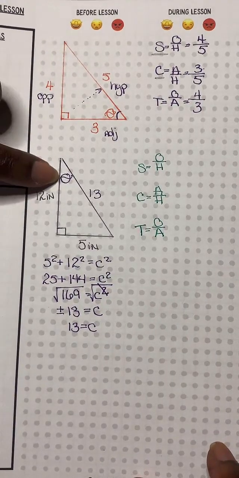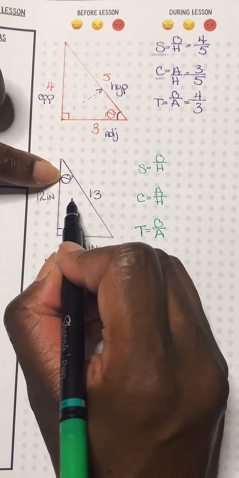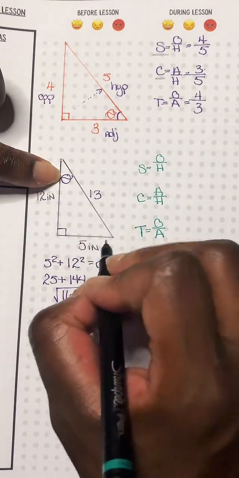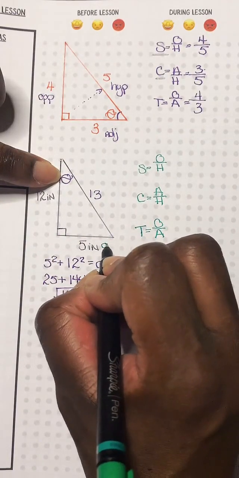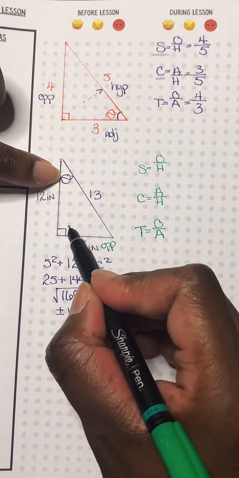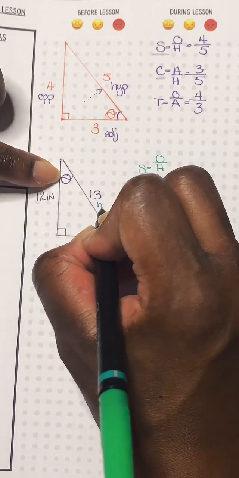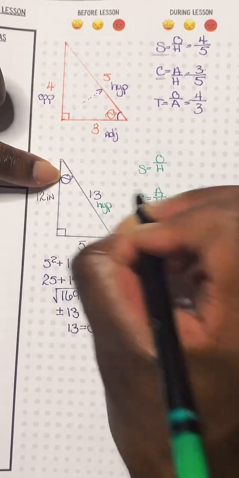Okay, so if we're using theta, the side opposite is going to be this side with the 5. The side opposite that 90-degree angle, that's my hypotenuse.